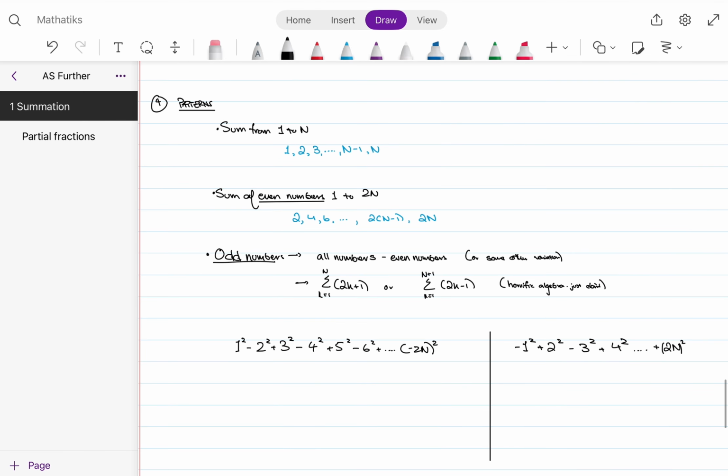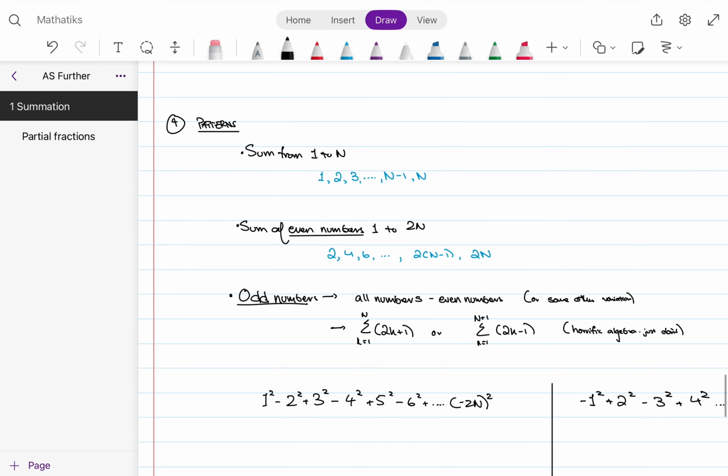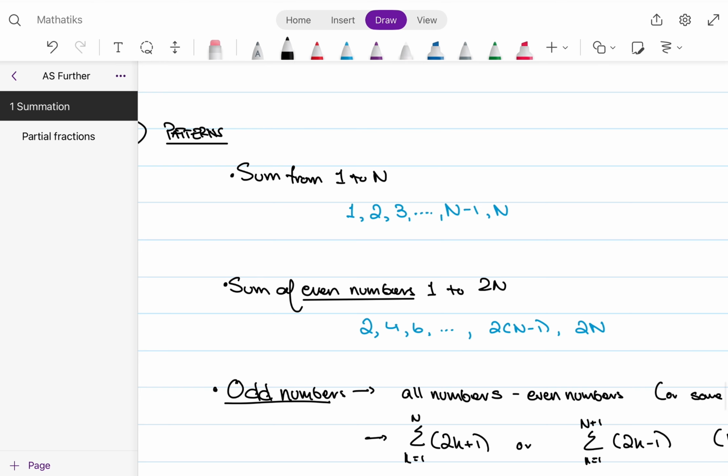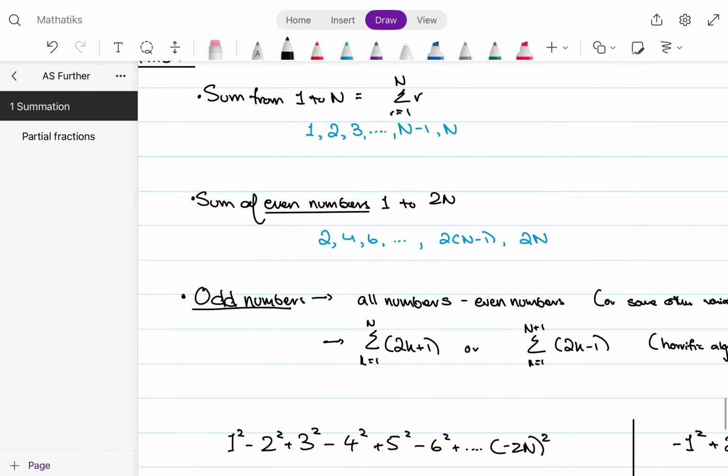The other type of questions that you'll see is pattern questions, where you see a pattern of numbers and you have to write out the sum. If you're finding the sum from 1 to n, that means you put the expression from 1 until n, as we've already discussed.